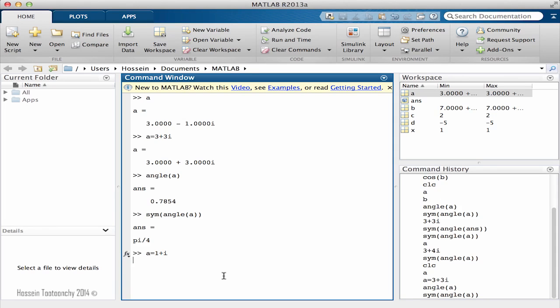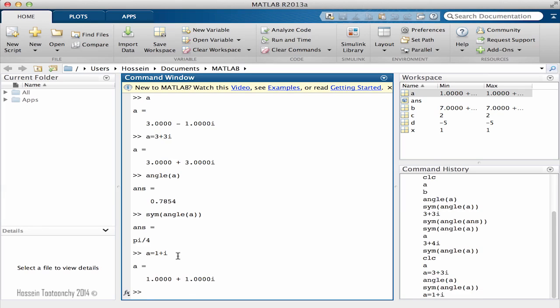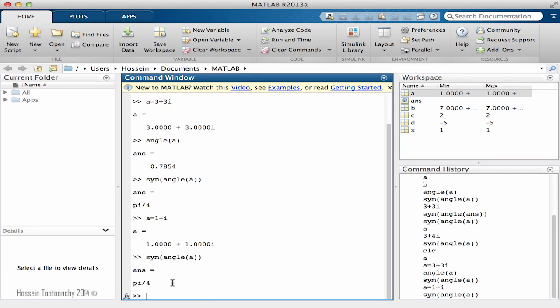We can really use that. So whenever you have the same real part and imaginary part, remember that by doing this, you can get the result. As you notice, the result for a with this real and imaginary part was exactly the same as when it was a different number, because what matters is actually their division, which is going to be the same. Okay, so let me clear up the screen.